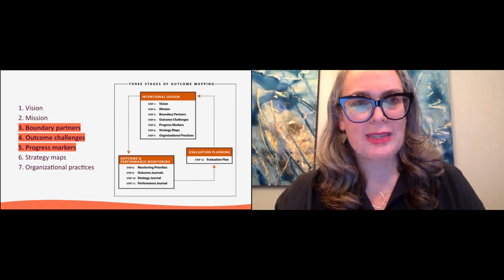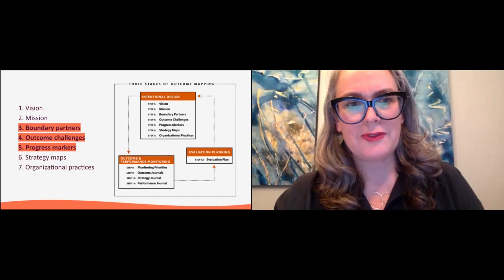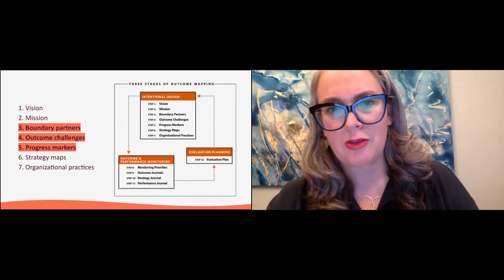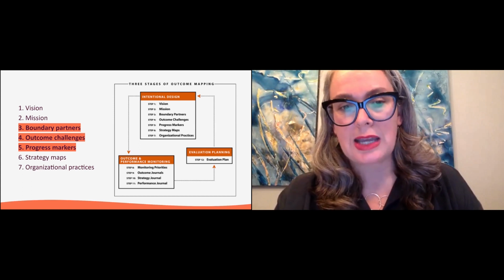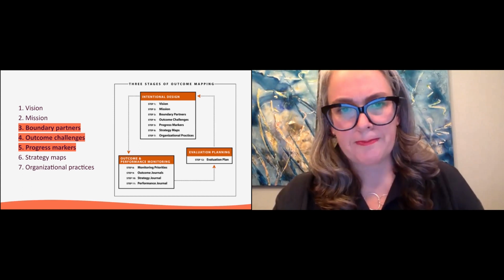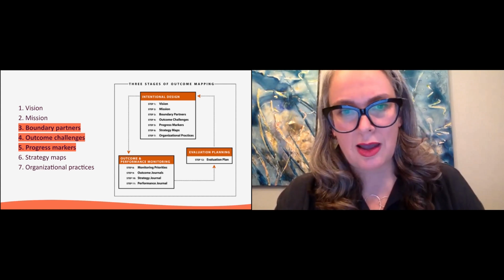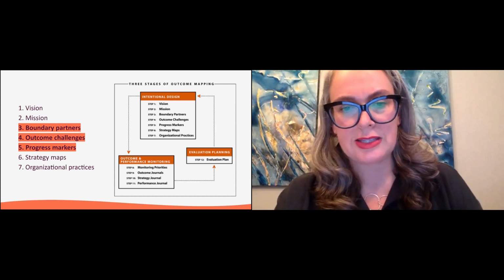Just to wrap up this session, you may have seen this graphic already, but this is what we'll be going into in the next two sessions, especially those three highlighted steps on the left-hand side.